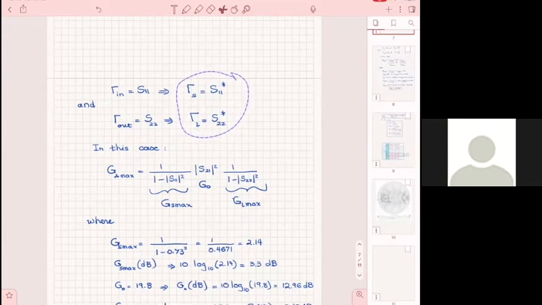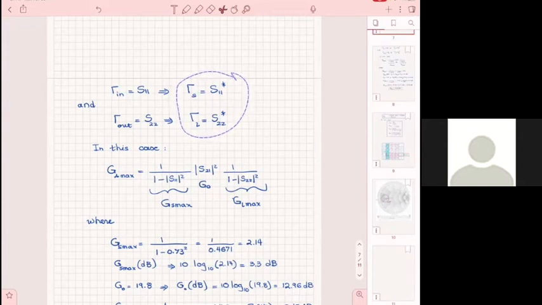There are 2 points only, and they're given because S11 is given, S22 is given. So then from gamma S and gamma L, you design the matching network. So that's what you do.